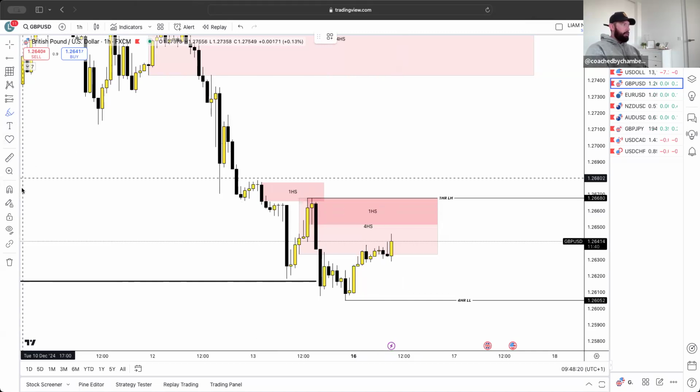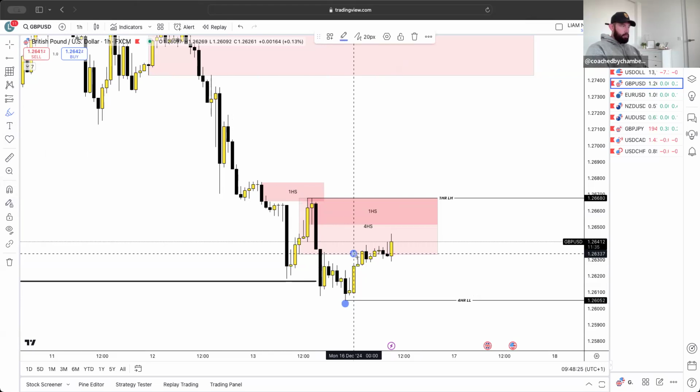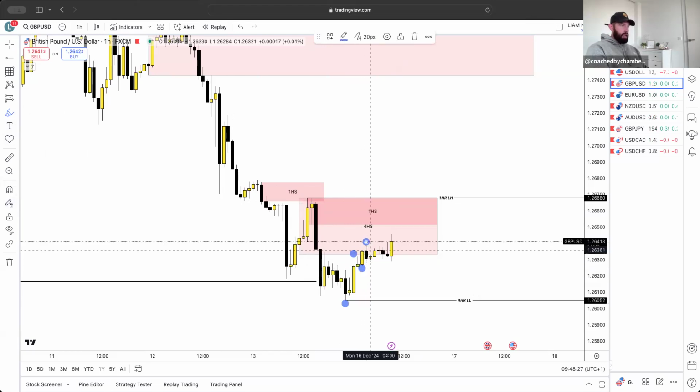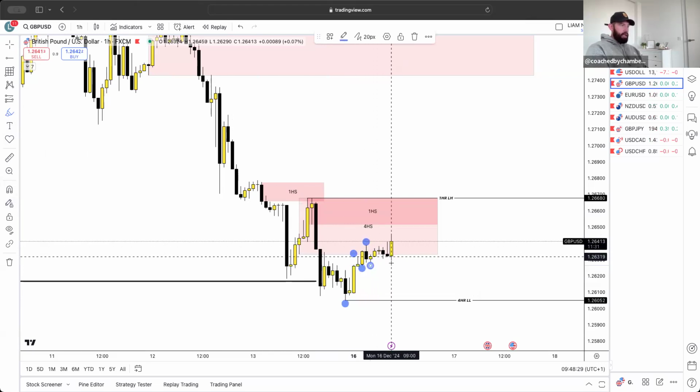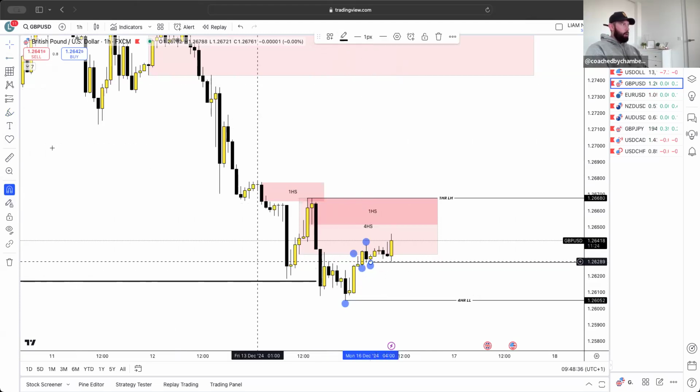So what I would like to see happen from a 1 hour is obviously we've got these here. We broke above. We've got this one. We got a high. We got a low. We have not really a high. So what I would like to see is this low be taken and this low broken.